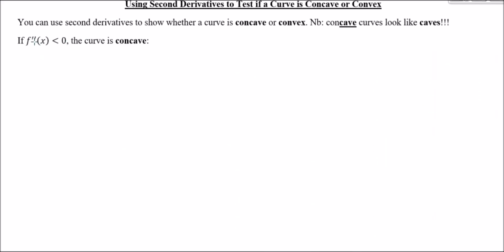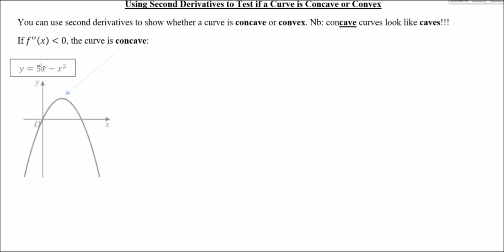If a second derivative at any point is less than 0, then the curve is concave on that particular interval of a curve. To use an example, here's the curve y equals 5x minus x squared, which is an n-shaped parabola, and it's got a turning point here, which is a maximum. The first derivative is dy by dx equals 5 minus 2x.